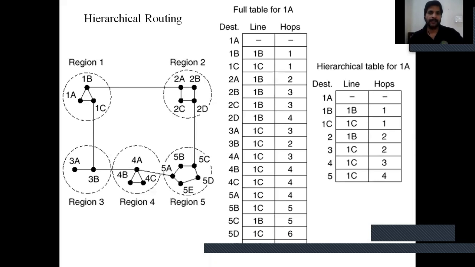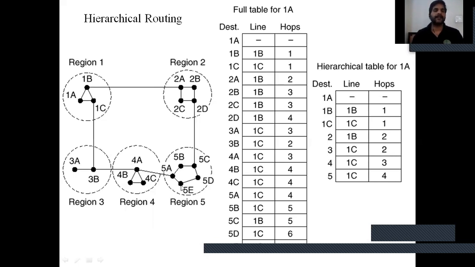So now let me explain. Suppose that several routers are given. For example, the router names are 1A, 1B, 1C, 2A, 2B, 2C, 2D, 3A, 3B, 4A, 4B, 4C, 5A, 5B, 5C, 5D, 5E.